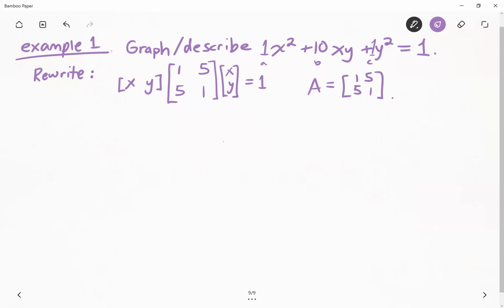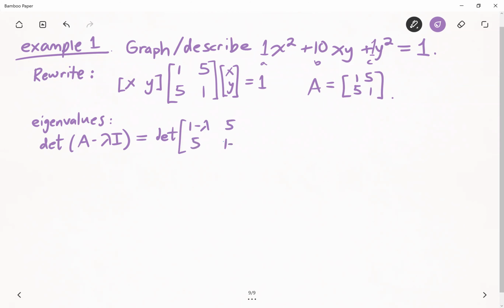Next, what I'd like to do is diagonalize this matrix. So I'd like to find some eigenvectors and eigenvalues. Let's start off by finding the eigenvalues. To calculate that, I'm going to take the determinant of A minus lambda I and set that equal to 0. So I have the determinant of 1 minus lambda, 5, 5, 1 minus lambda.